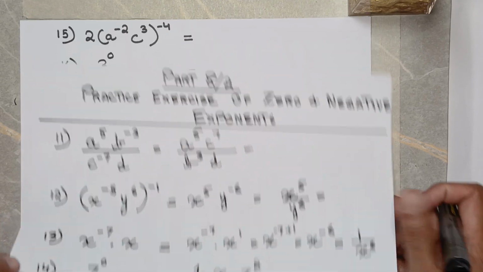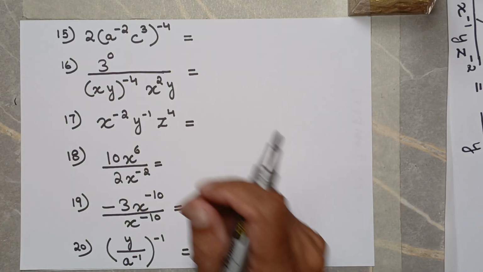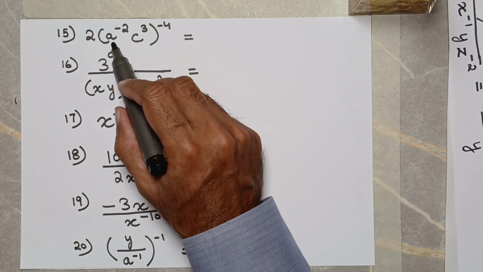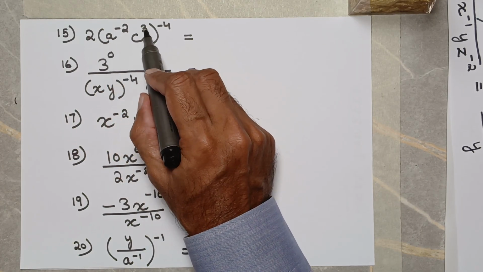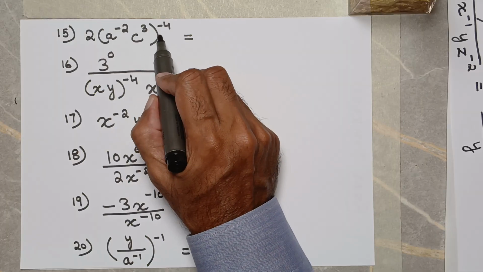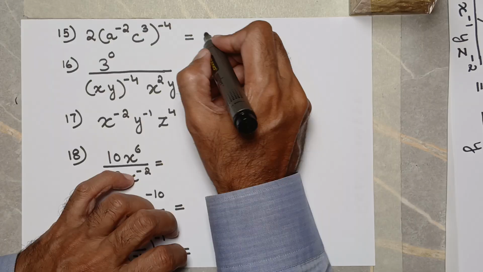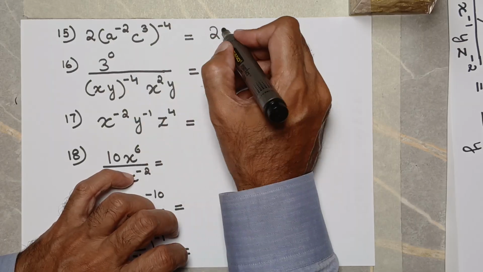Now let's move on to question number 15. Here we have 2, and within the parentheses we have a raised to the power minus 2, c raised to the power 3, and outside the whole is raised to the power minus 4. First we write the 2 as it is.